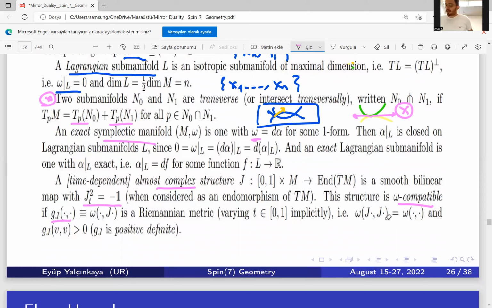For these cases, we can say that our space is almost complex structure compatible with J, and as we gave before, g(v, v) greater than 0, so we can say that it is positive definite.